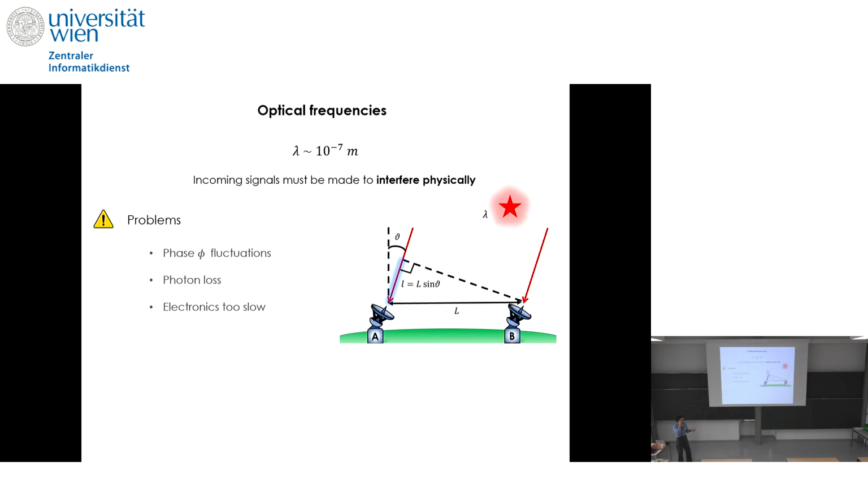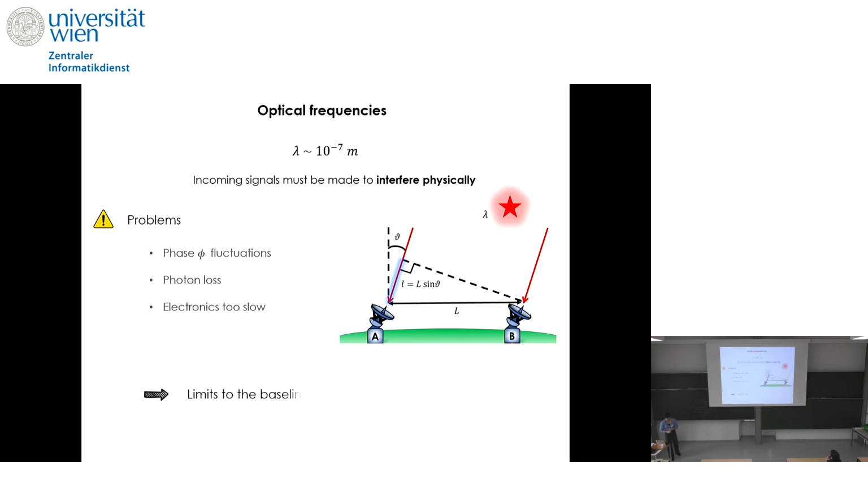And also you have to bring together the signal physically to make it interfere. So, of course, if the baseline is long, and this is one of the main things we are saying, you will encounter a lot of problems, like, for example, phase fluctuations and photon loss, because you have to transport your photon coming from the star to one receiver or the other to perform the measurement.